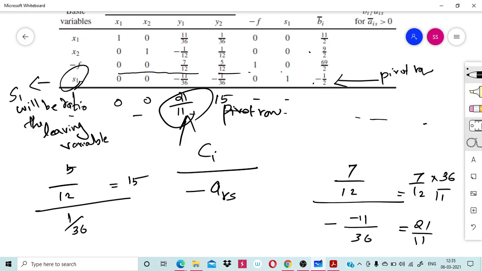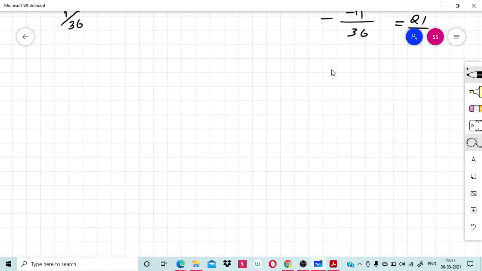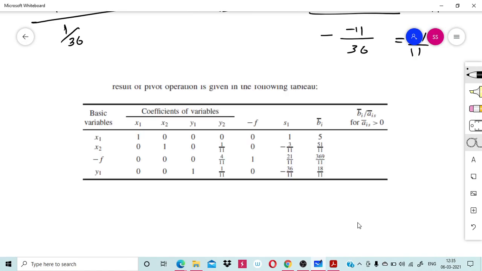So the next table will be like this. This will be our new updated table. If you observe, the solution column is getting all integer because x1 got integer.